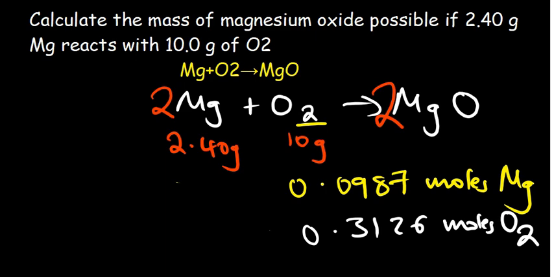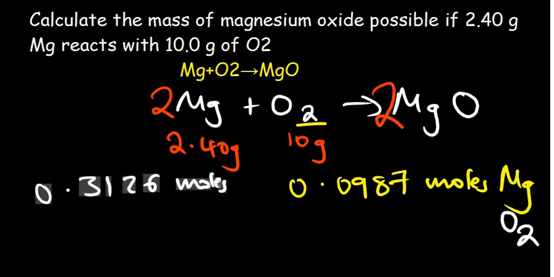Let's assume this question was general, where they had asked us to find the limiting reagent. In that case, we'll look at what we have. Let me move this one here so that we can work with it.